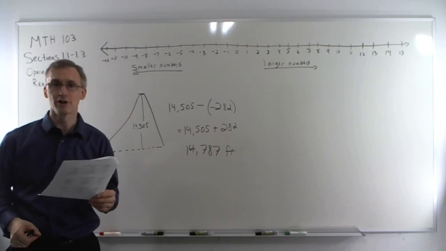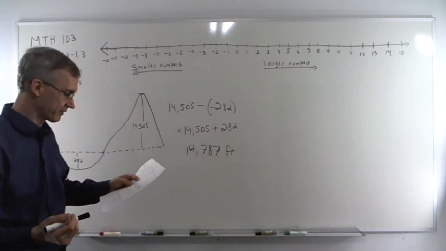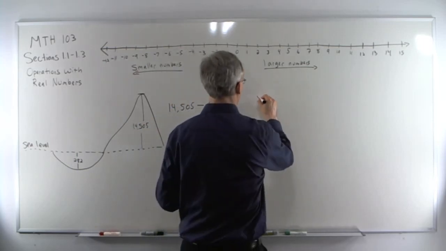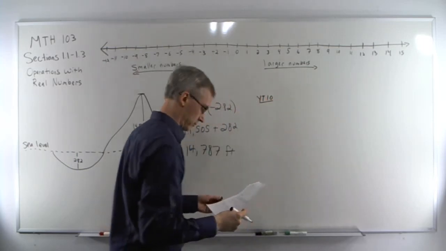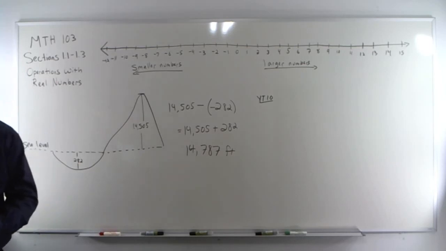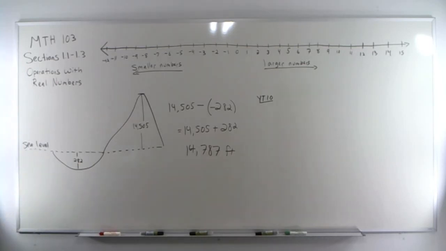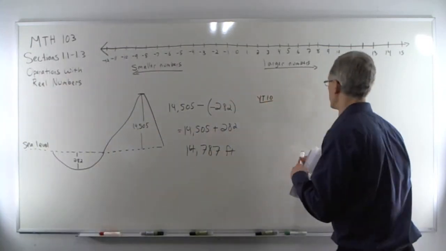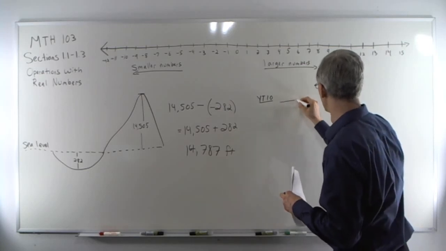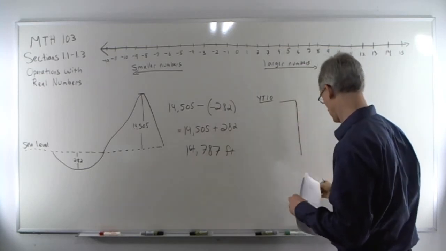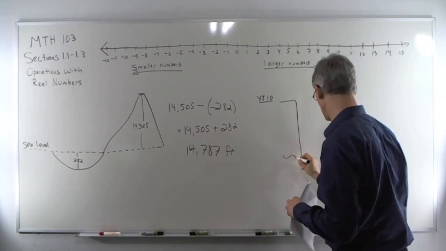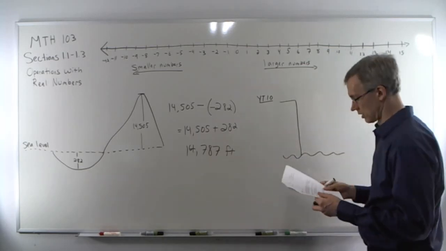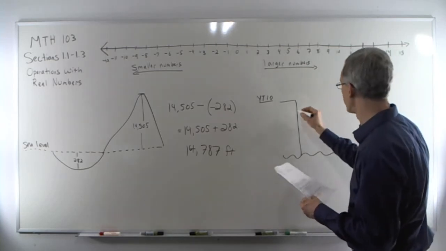All right, that brings us to your turn, number 10, about a cliff diver. So a cliff diver starts at 57 feet.